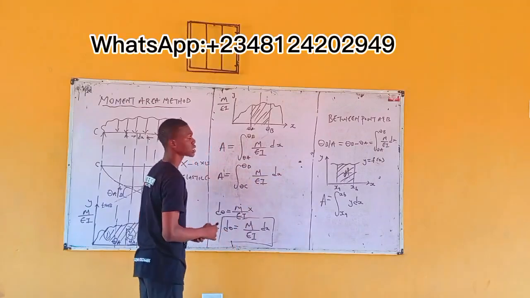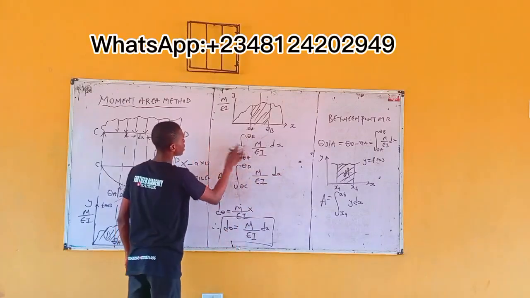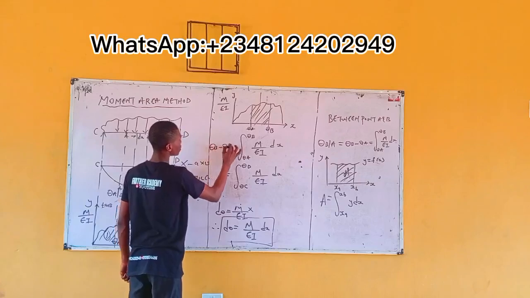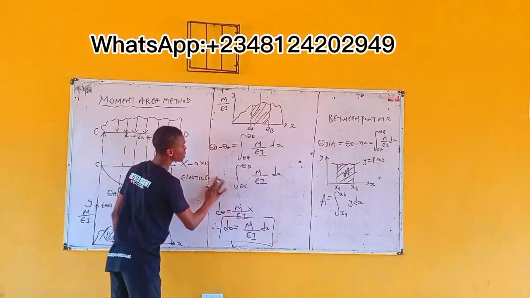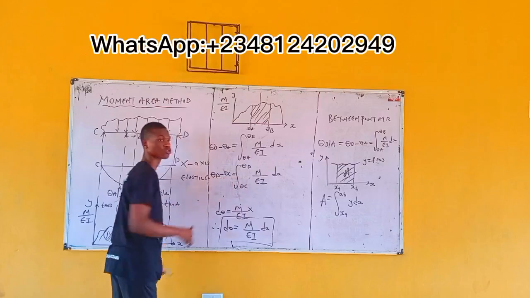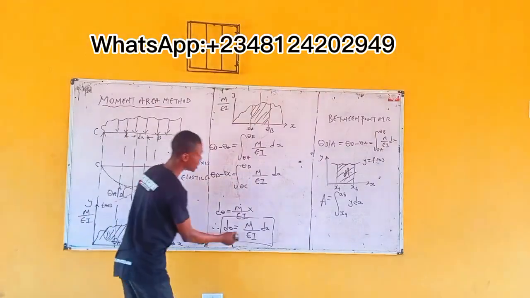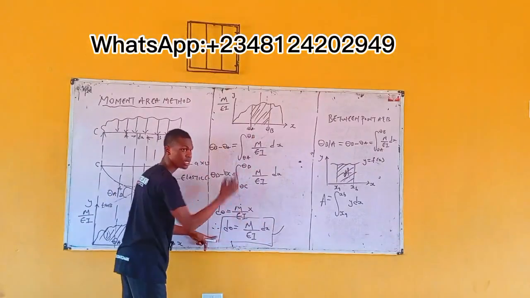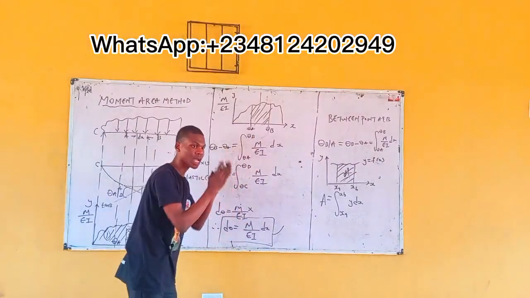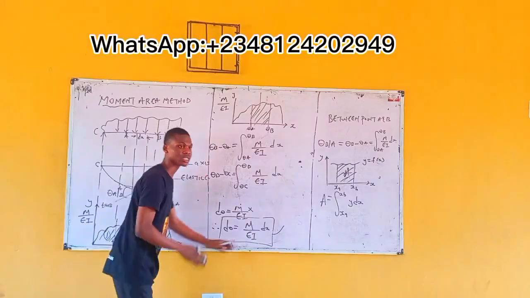But in this case, it is theta B minus theta A equals this. Similarly, theta D minus theta C is equal to this. So can you now relate this formula to this? This formula says that, generally, the angle between the tangents at any two points is given by this formula.